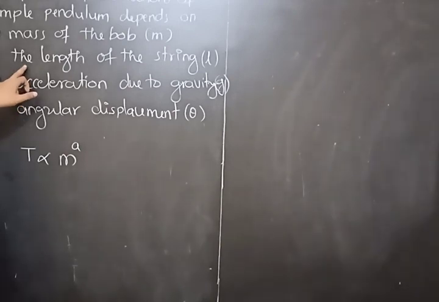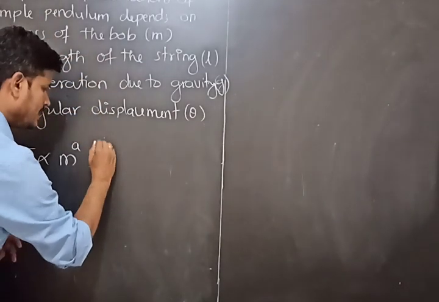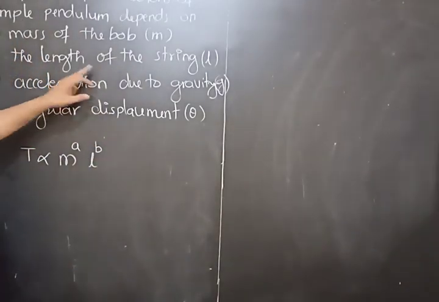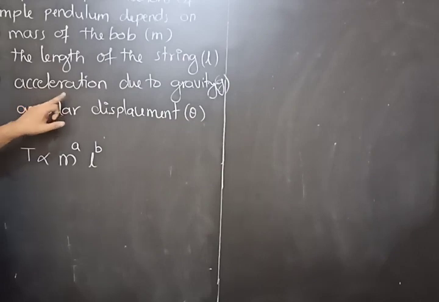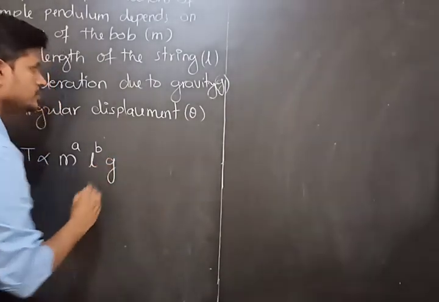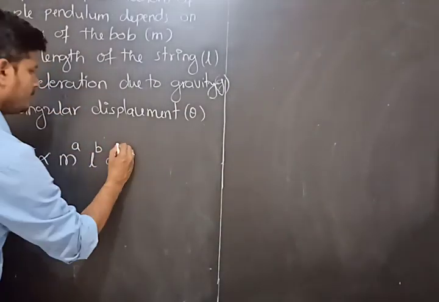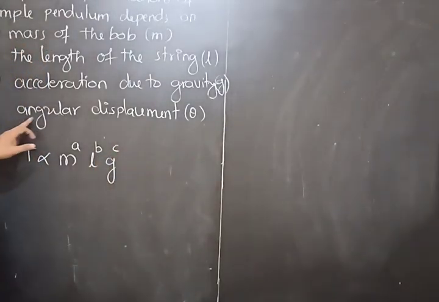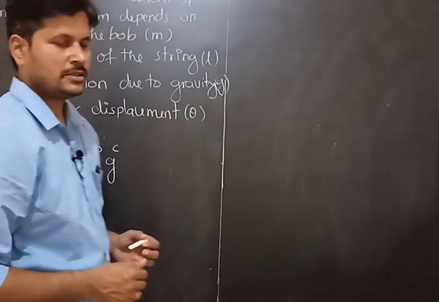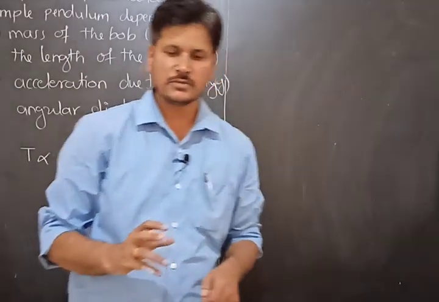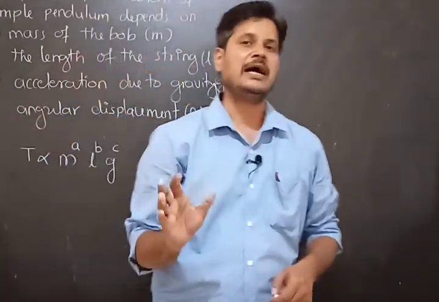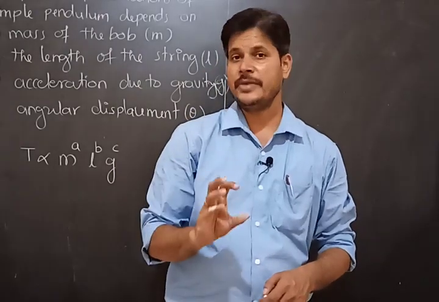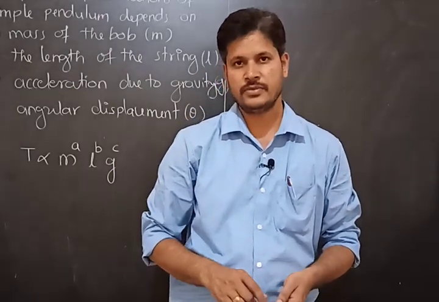The second one is the length of the pendulum, L raised to b. Next, acceleration due to gravity, g raised to c. Angular displacement theta, an angle, is a dimensionless quantity. We will discuss this later, because already I have told this.